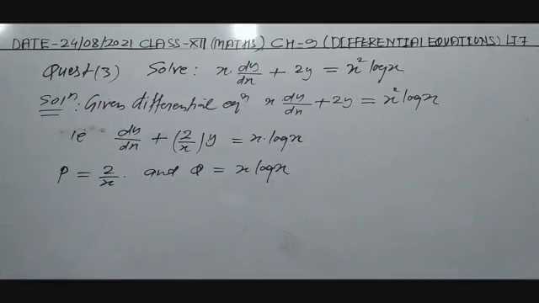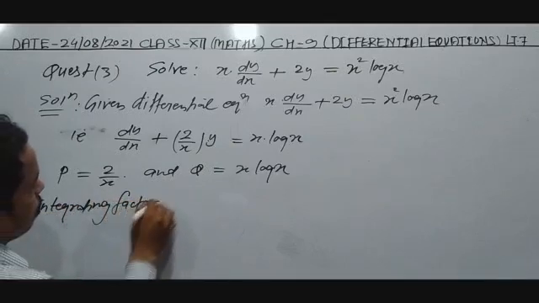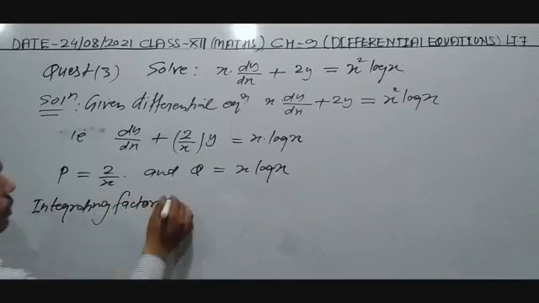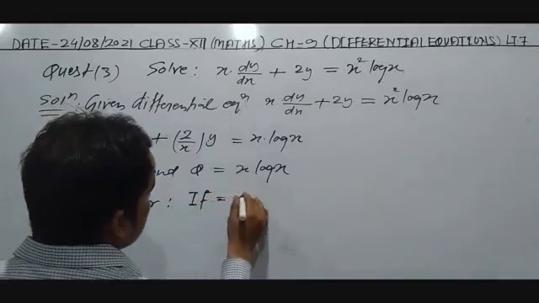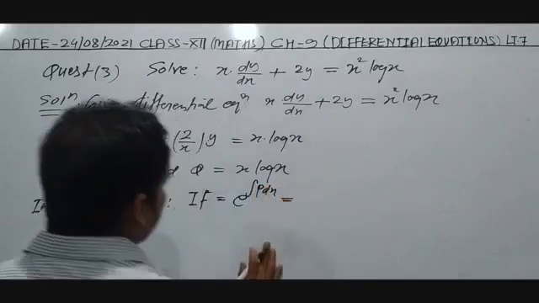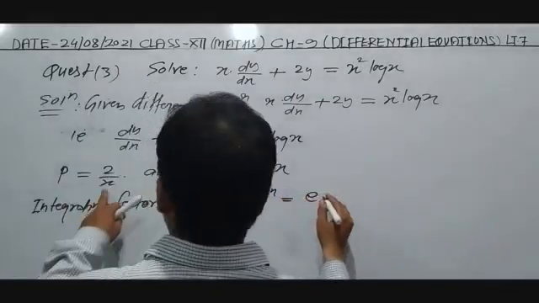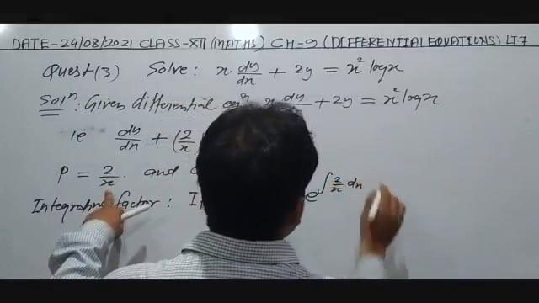So we have to find the integrating factor. Integrating factor is equal to e to the power integration of p dx. You know this is the formula. So e to the power integration of p, where p is 2 by x, dx.